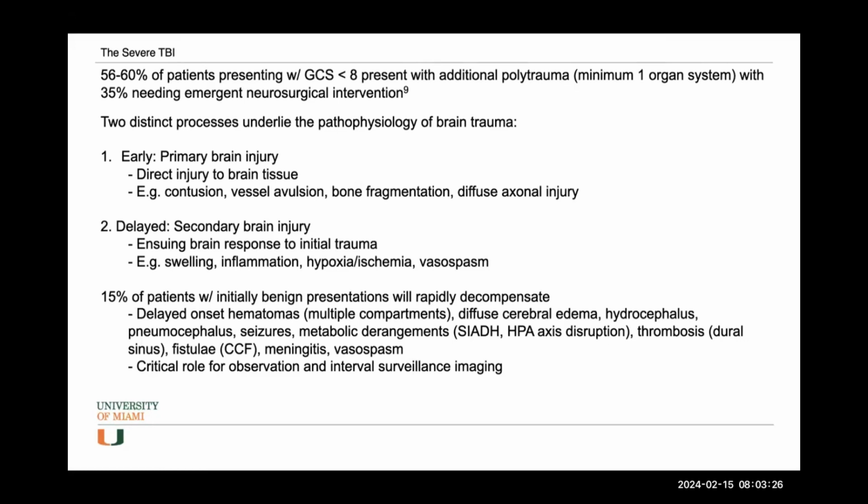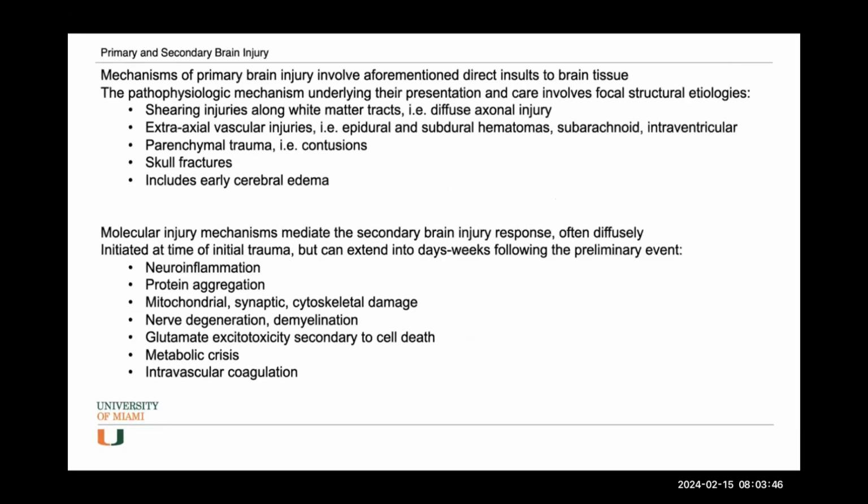And that's part of this delayed phase response where you can get delayed onset hematomas, diffuse edema, hydrocephalus, seizures, metabolic derangements from neurophysiological alterations, thromboses, fistulae, meningitis, or even vasospasm, which ultimately argues for a continued role for observation and having interval surveillance imaging.